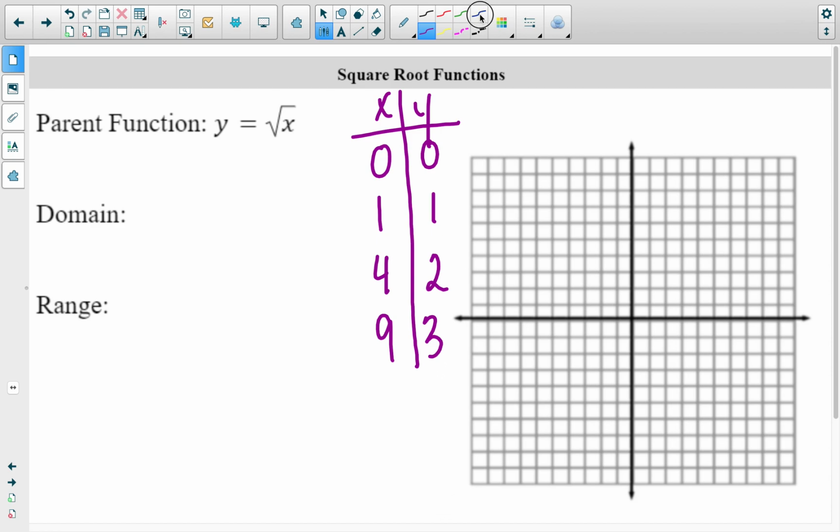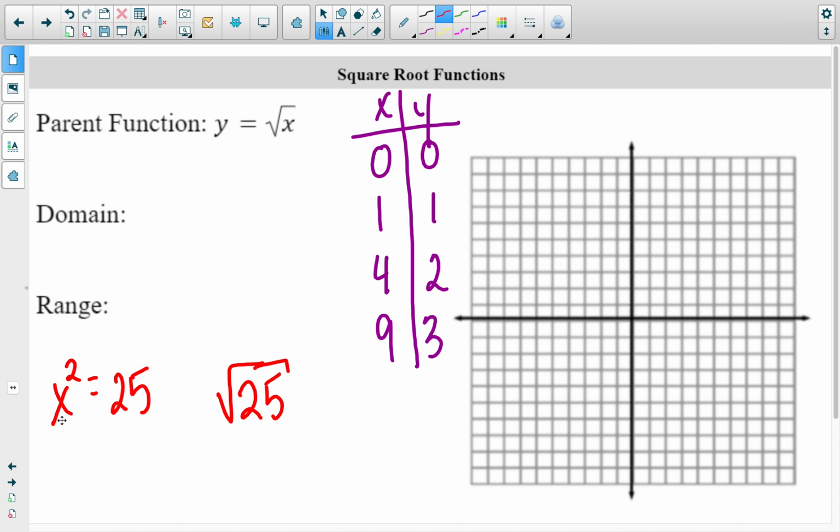You may be wondering, well, what about -1? What about -2? What about -3? And that brings in the idea of a square root versus taking the square root. If I tell you that x squared equals 25 versus if I'm asking you what is the square root of 25, these are asking two different questions.